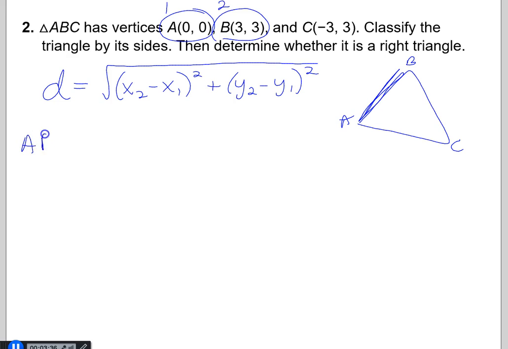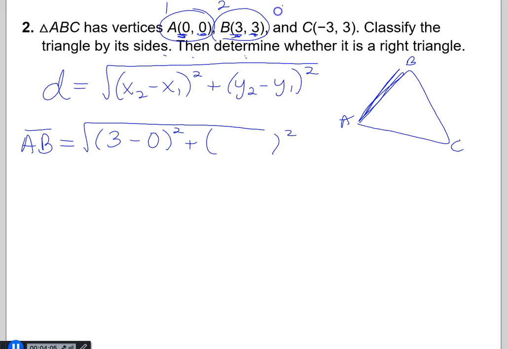So to find AB, this is the length of AB, so I put a little line above it. It's going to be the square root of those two things squared and these two things squared. So x2 is going to be 3, and x1 is 0, so 3 minus 0. And then here's y2 and y1. Remember, they're always x, comma, y. So this one is also 3 minus 0.